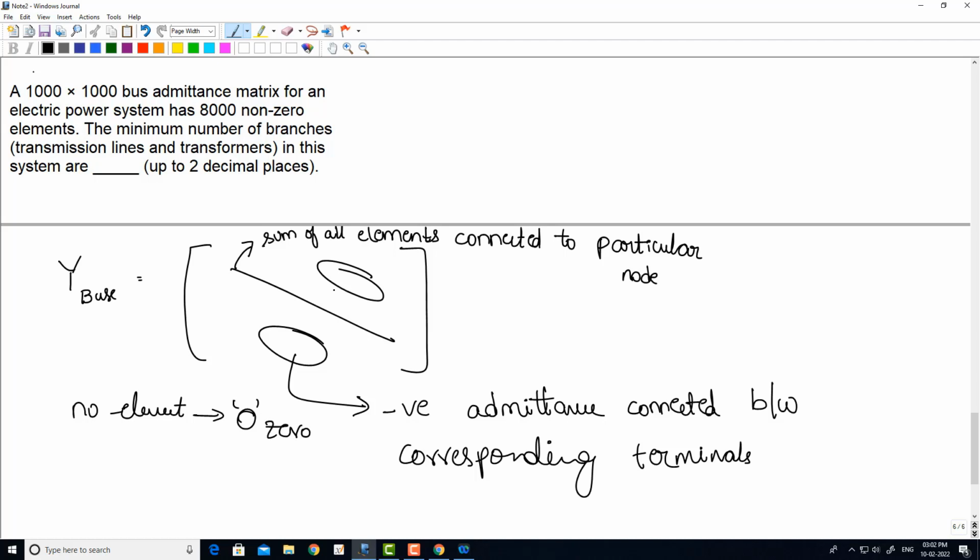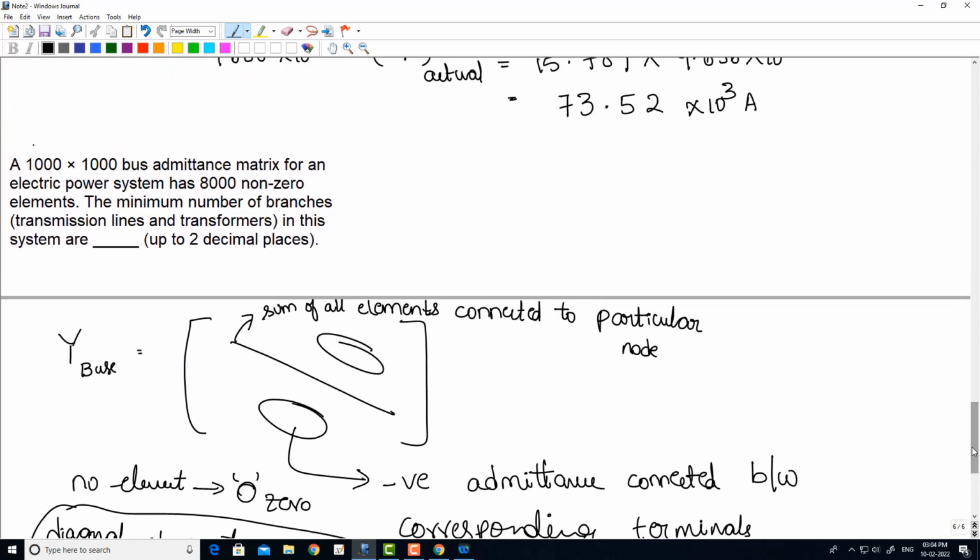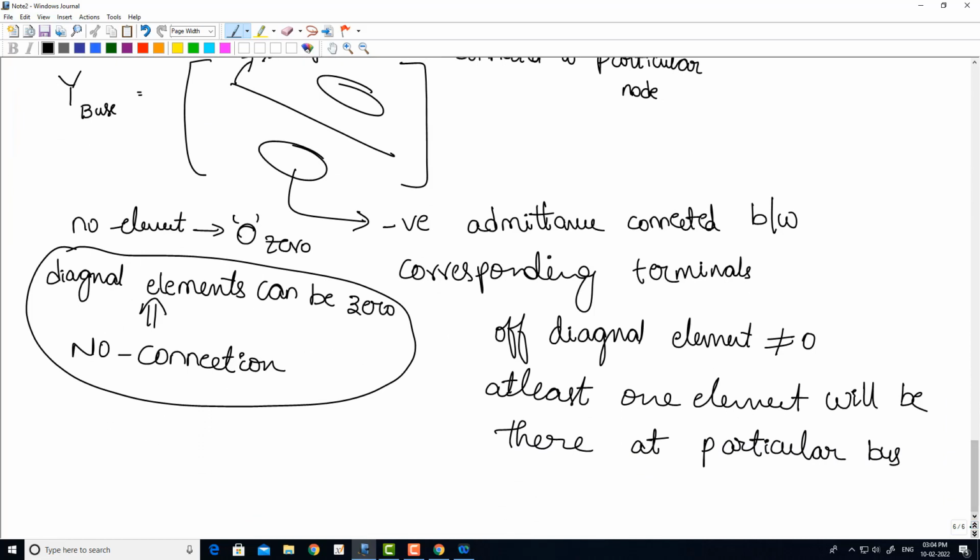So, in this question, we need to find out the minimum number of branches in this system.